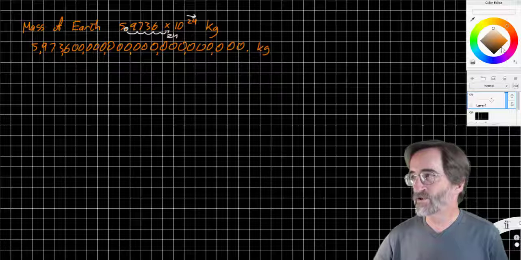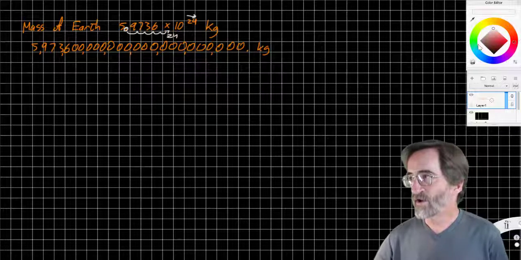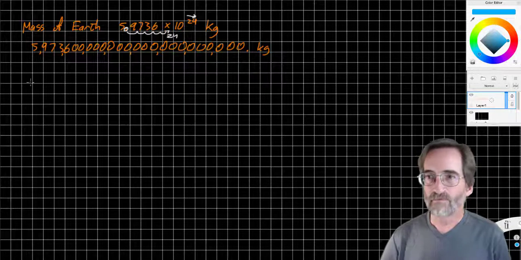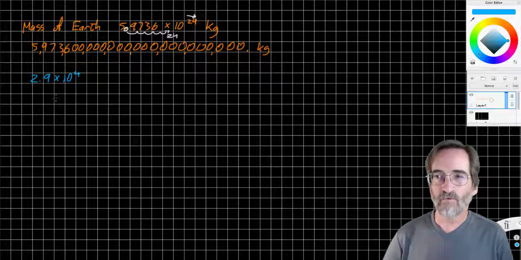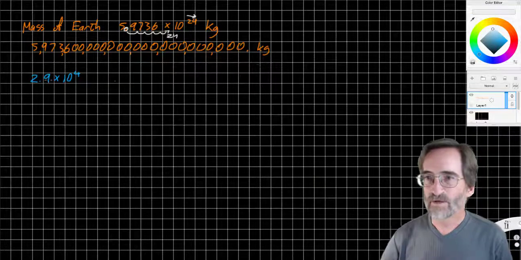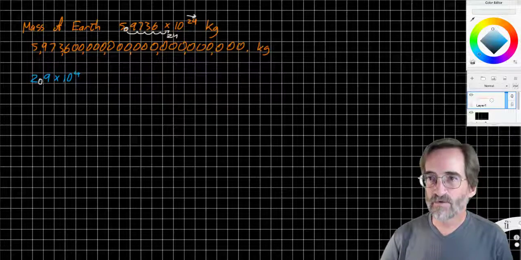So let me give you another example. Let's say I've got a number like this: 2.9 times 10 to the 4th. What we do is we take the decimal and we move it 1, 2, 3, 4 places to the right.